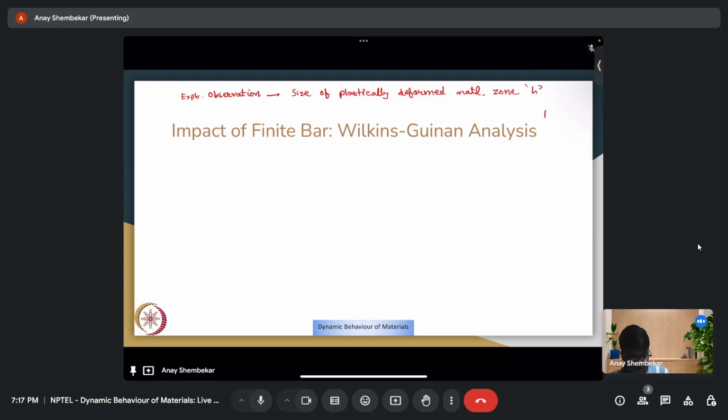Suppose I write it as H. This thing is H, this is the current length L, and this is area A. So this size of the plastically deformed material zone is independent of impact velocity, which gives us H by L naught. We can treat it as a constant.